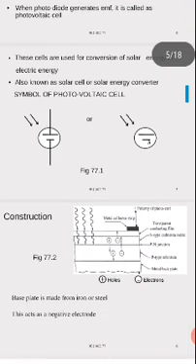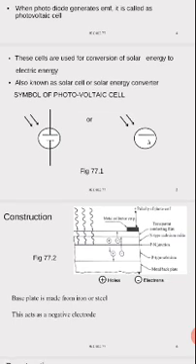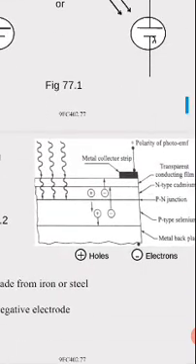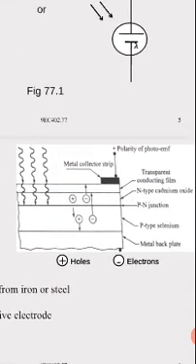Construction. Here at one side holes representation is there, and electrons representation.